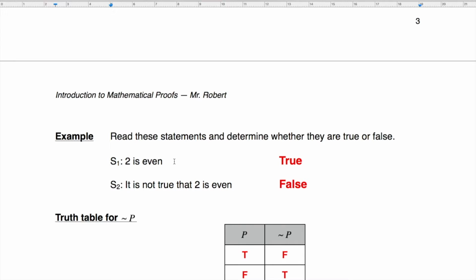Let's just first look at the statements. 2 is even, that's true. And therefore, it is not true that 2 is even is false. The truth table is obvious. If one of them is true, then the other one is false, and vice versa.